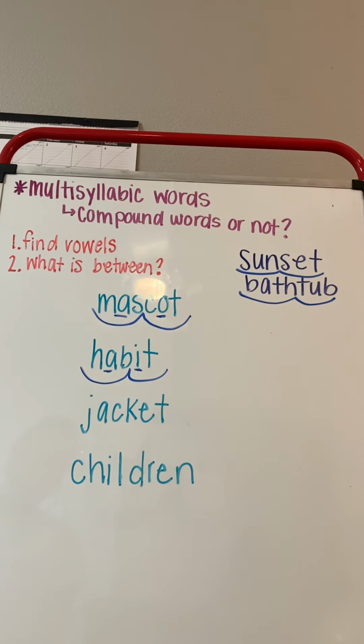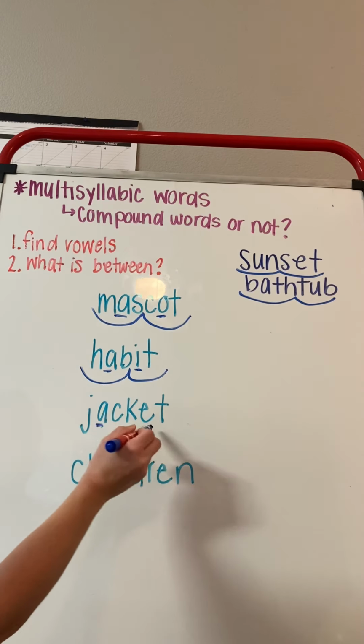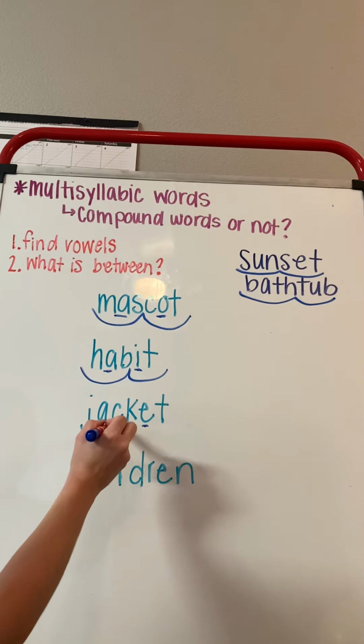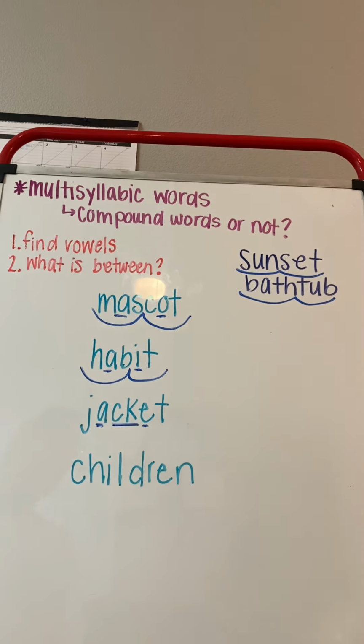Hab-it, okay? Another situation we might have here, I have A and E. You might right away be thinking, okay, there's two consonants, each syllable gets a consonant, right? Kind of like this word. But that's not the case here because CK is a digraph, okay?